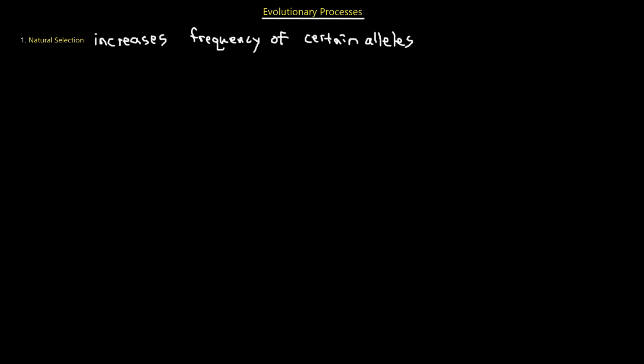In the last topic, we should have discussed artificial selection, but I left it out to talk about it in this video specifically because we are talking about natural selection as we're defining it. Artificial selection is aimed at the same thing, increasing the frequency of certain alleles. However, it's not done naturally by the environment. It is done artificially in a laboratory or by other means of reproduction.